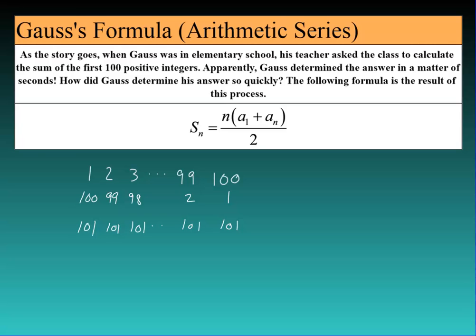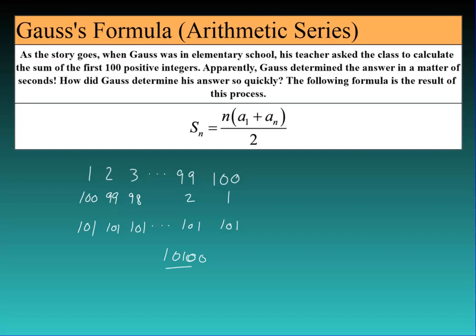Then he realized that he could just multiply this by how many numbers there are. Well, there's 100 of them, so this was 10,100, and he would just cut it in half because he doubled it to get the answer.